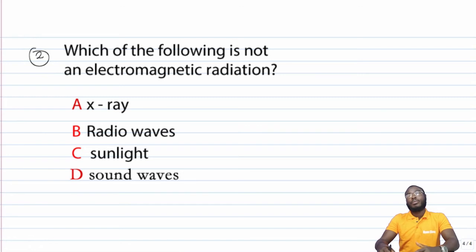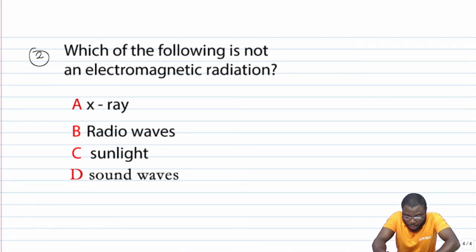So what do we have in electromagnetic radiation? We have the X-ray, the gamma ray, the ultraviolet, all sorts of rays like that. If you look at the options, the X-ray is an electromagnetic radiation. The radio wave is an electromagnetic radiation. The sunlight is an electromagnetic radiation. Sound wave is not.